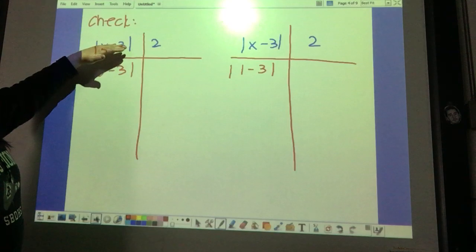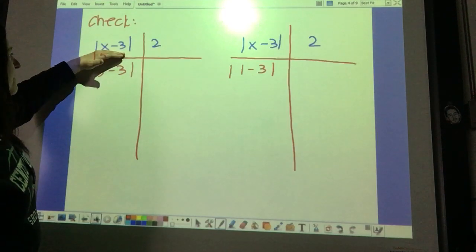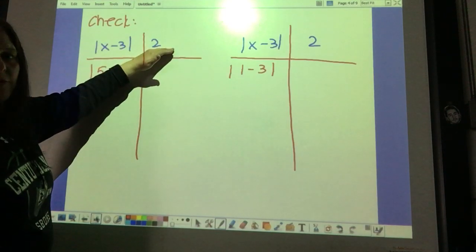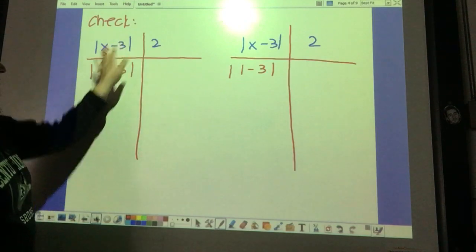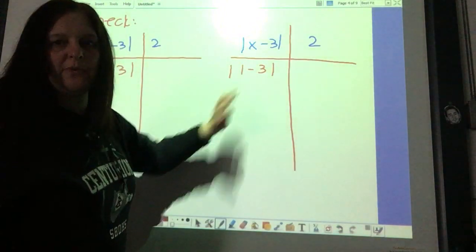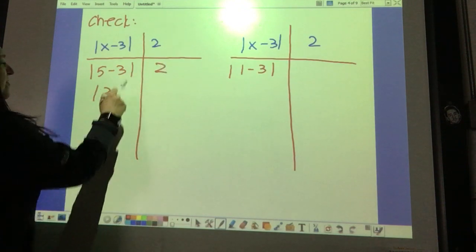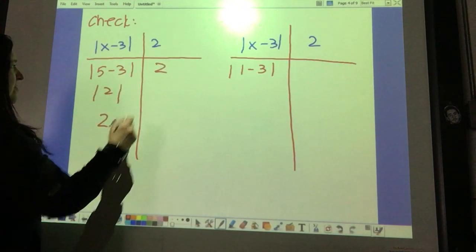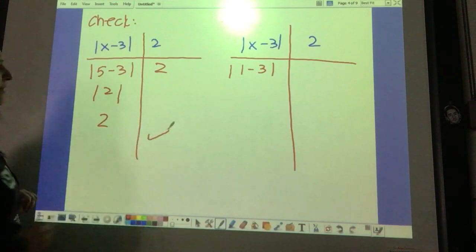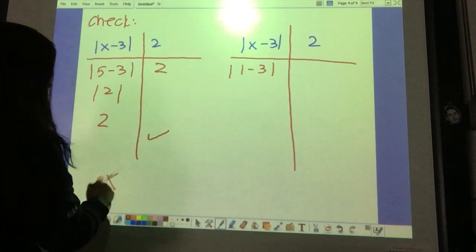Again, we put the initial question. The absolute value of x minus 3 was equal to 2. We solved that x could have been 5 or it could have been 1. Let's test both of those answers. 5 minus 3 is 2. The absolute value of 2 is 2. Yeah, they work. So x equals 5 is a solution.